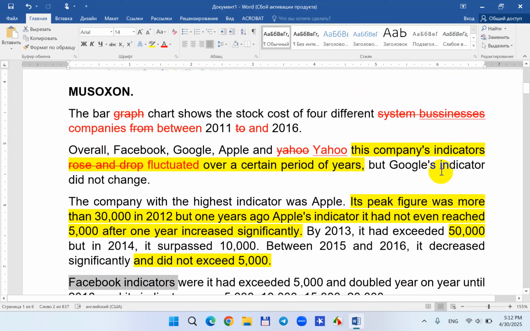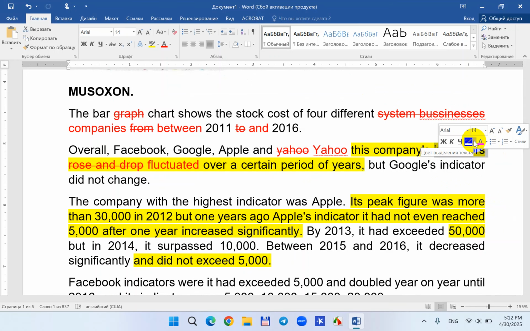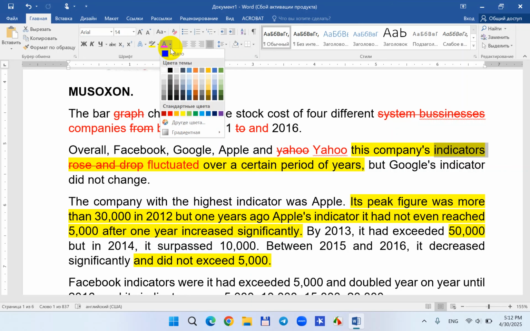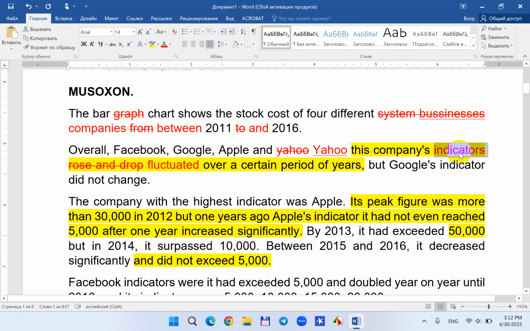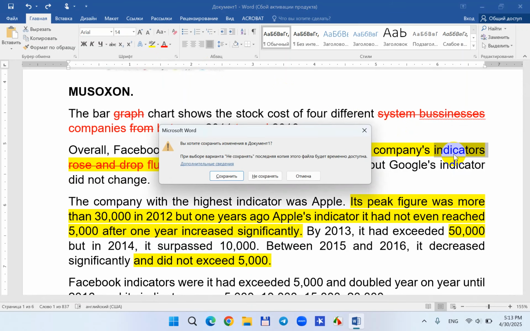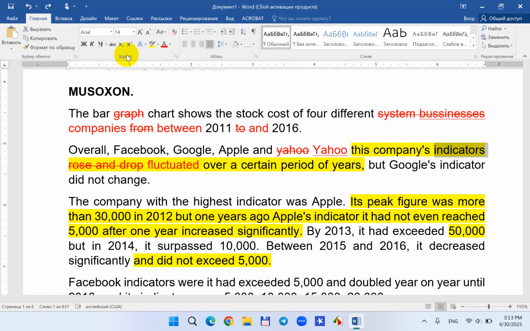Facebook's indicators. Okay, I want to mark this indicator. Like overusing, you are overusing this word.